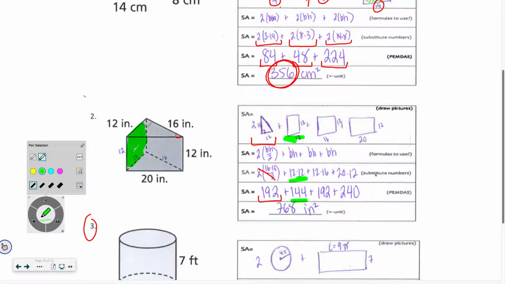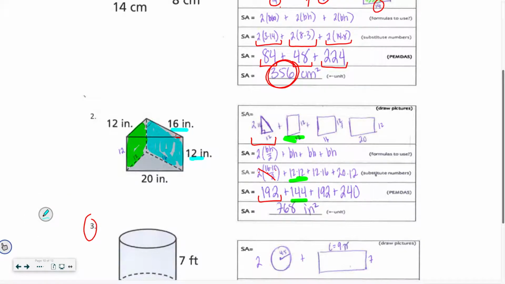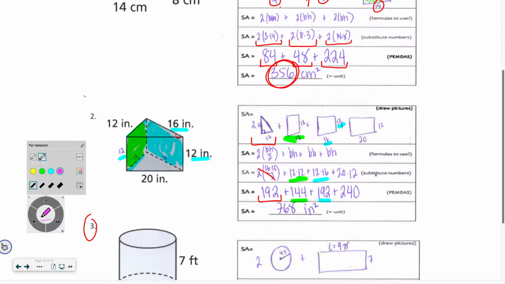Then we have another rectangle here. That one is 16 by 12. The height is also 12. So 16 by 12 is another one of my rectangles. That makes 192.